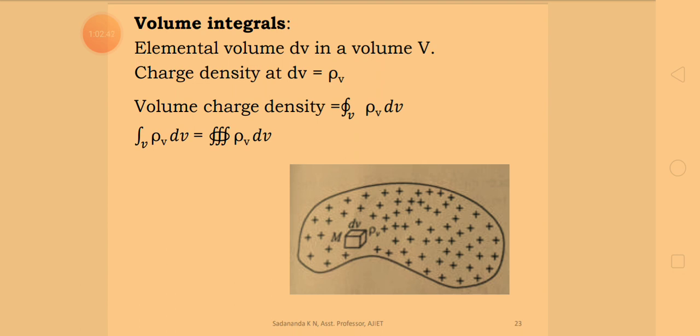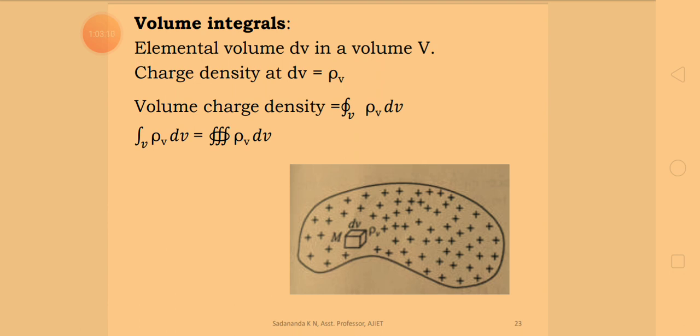Then the volume integral of rho v over the entire volume v is the volume integral of rho v dv, where the integration of dv is nothing but the integration of dx dy dz.